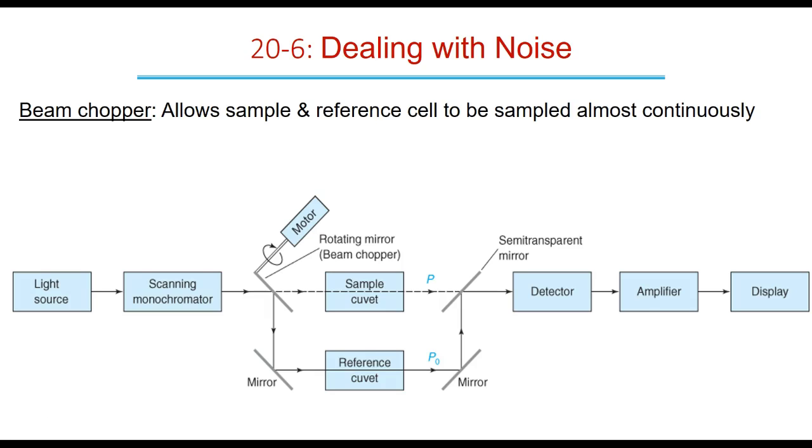So it gets that beam chopper together with the mirror so that we can have that constructive wave behavior. So we get the equal intensity incident light going from the sample, through the sample, and through the reference. But all of that's controlled by a motor.